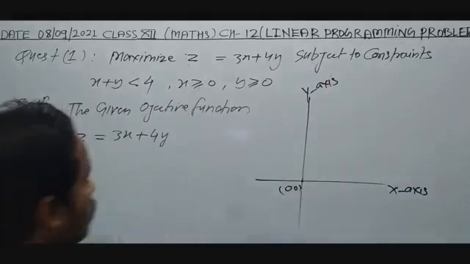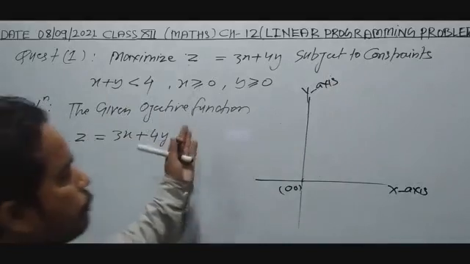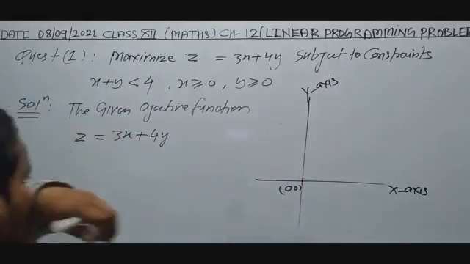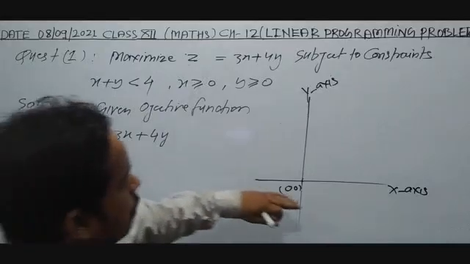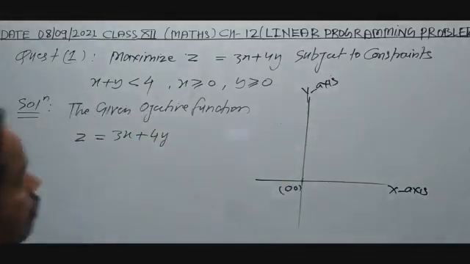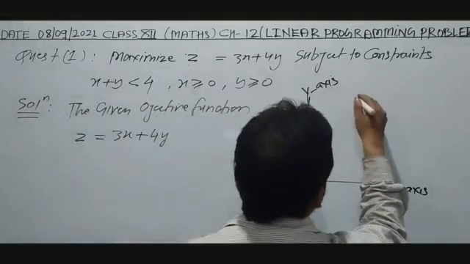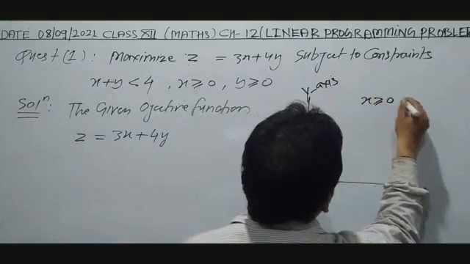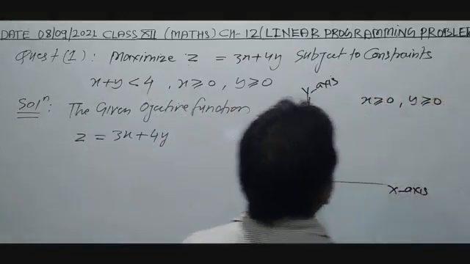So x is greater than or equal to 0 is the region to the right of the y-axis, and y is greater than or equal to 0 is the region above the x-axis. This is the region where x is greater than or equal to 0 and y is greater than or equal to 0.